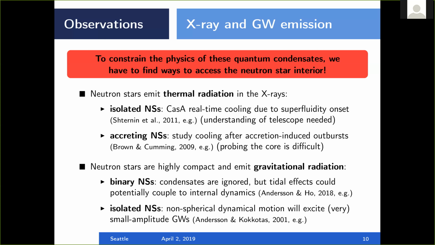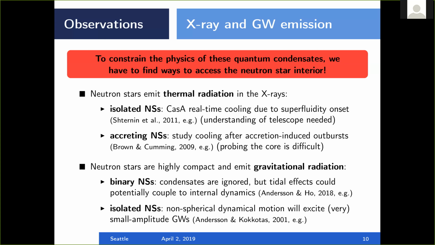So the way we can typically observe them is limited by the radiation that they produce. Neutron stars emit thermal radiation in the X-rays. So we can observe these from isolated objects and from typical accreting systems.